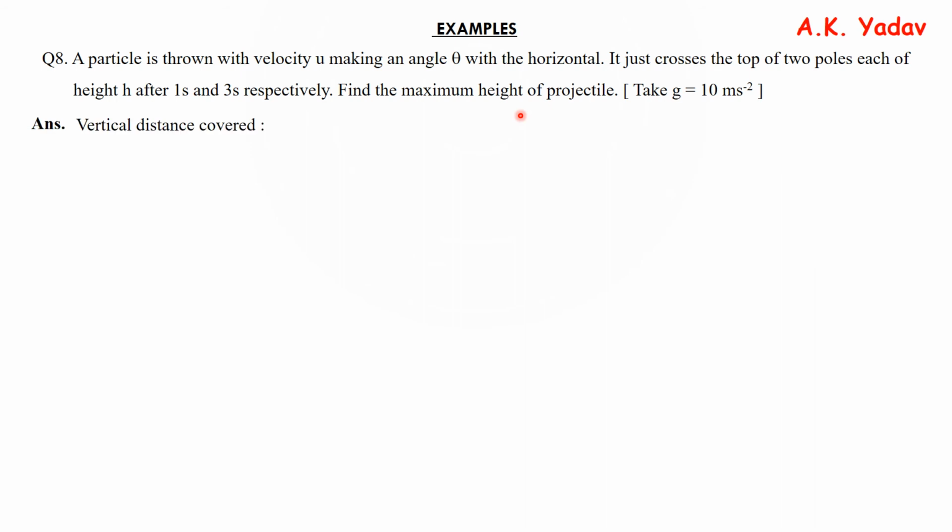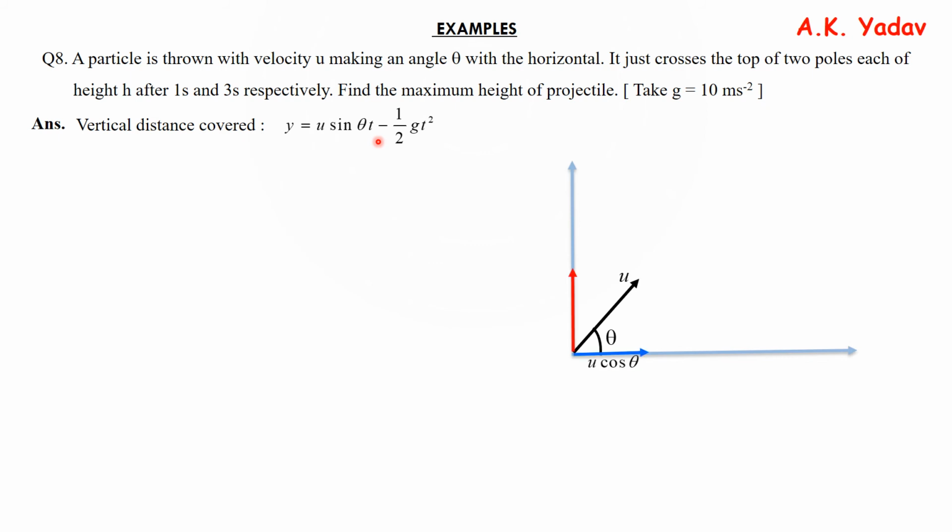Now, the vertical distance covered by a projectile is given by y equal to u sine theta t minus half g t square. So this was the object thrown with a velocity u making an angle theta. This can be resolved into two components. These are the two poles having height h.